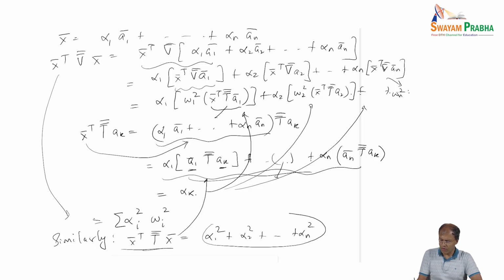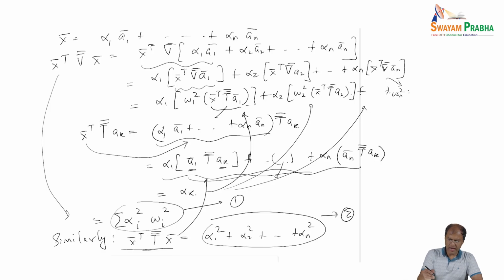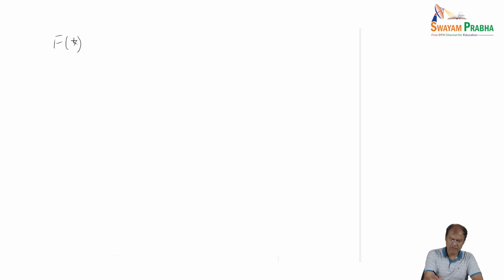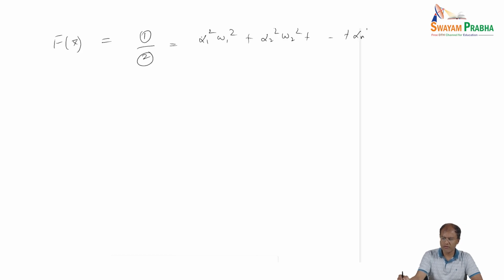So now we can plug all these results into our function. Let me call this first result 1 and this second result 2. Our function f of x, which we wanted to find, is 1 divided by 2, which is alpha 1 square omega 1 square plus alpha 2 square omega 2 square and so on plus alpha n square omega n square, divided by alpha 1 square plus alpha 2 square and so on.